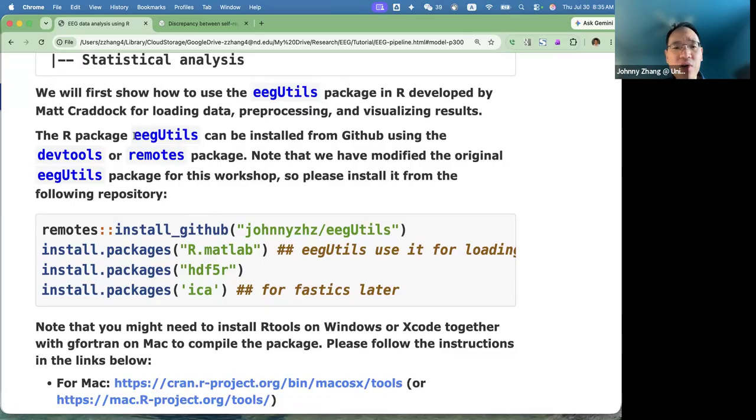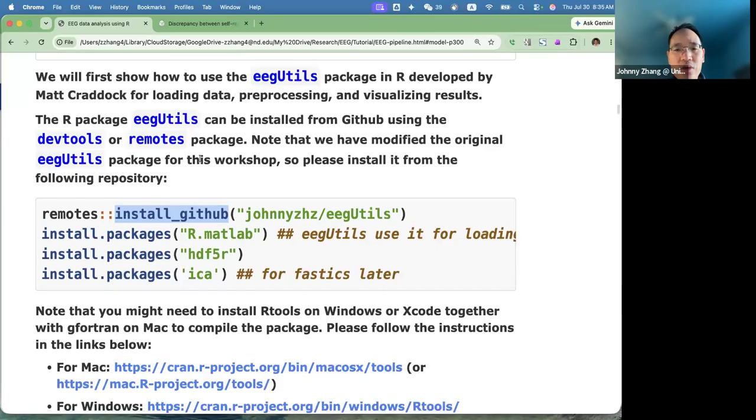This package is not on CRAN, it's only on GitHub. Therefore, we have to install it from GitHub. To install a package from GitHub, you can use the remotes package, and within it there is a function called install_github.